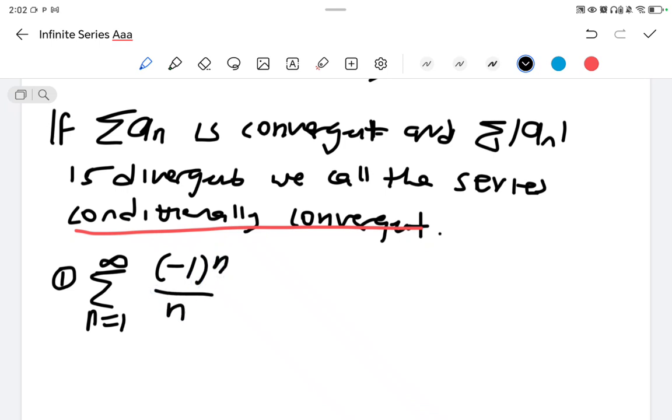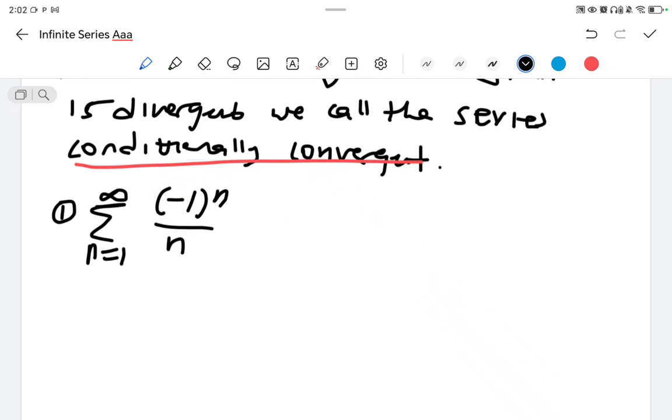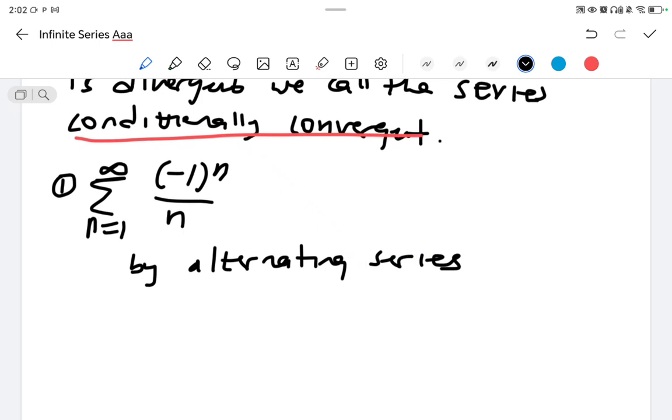Then we realize that if we use alternating series, let's use alternating series for this.